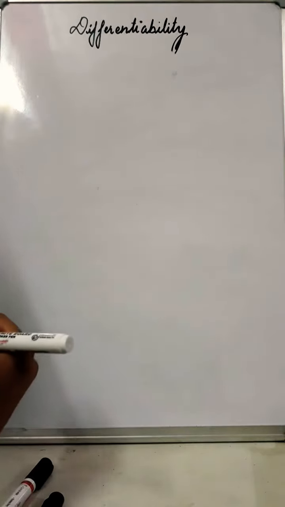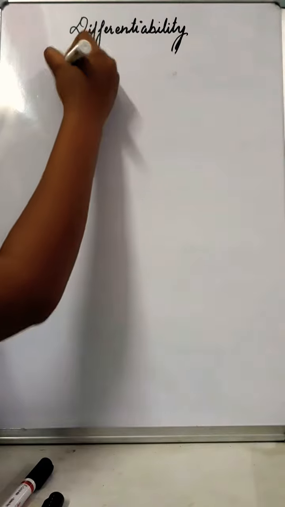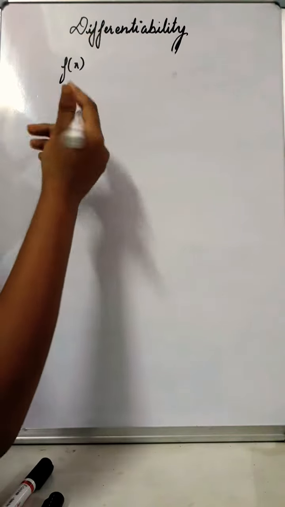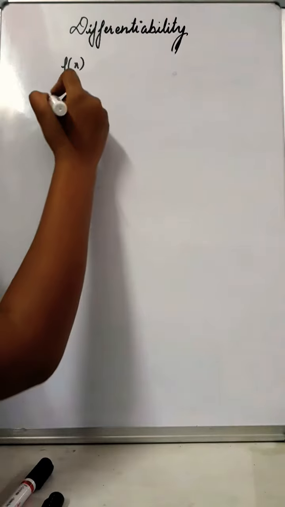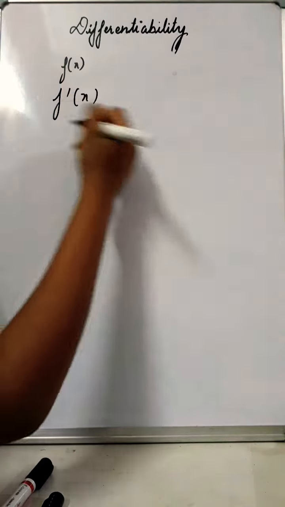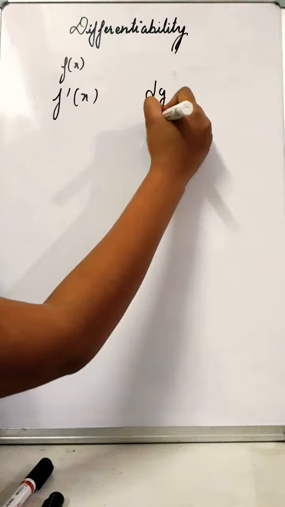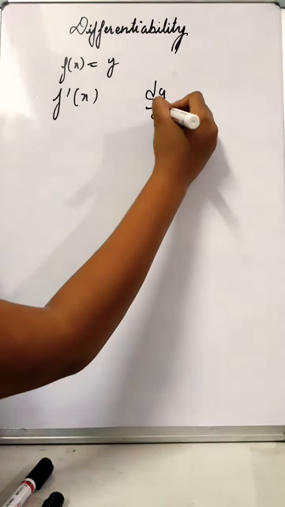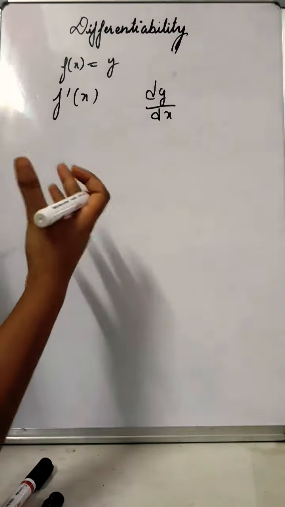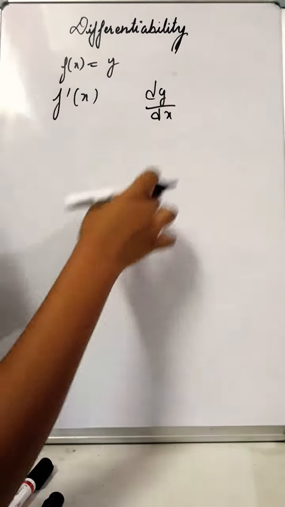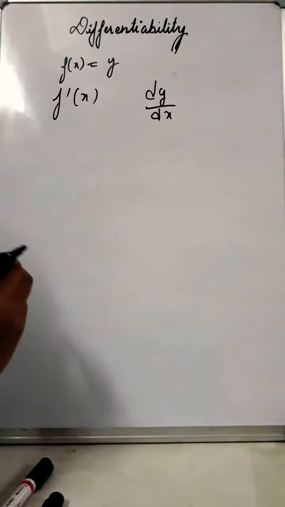Now from the previous classes, you know that f of x is a function. So how would you denote the derivative of the function? Simply by f dash x, or you would say dy by dx. So the question comes, from where does this expression come? How are you able to solve this? For that, the concept of differentiability comes.